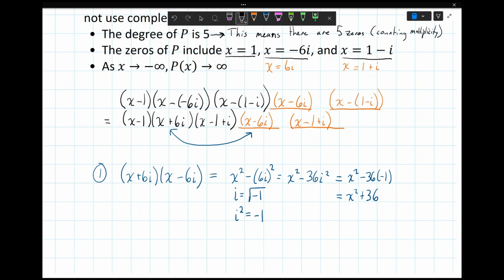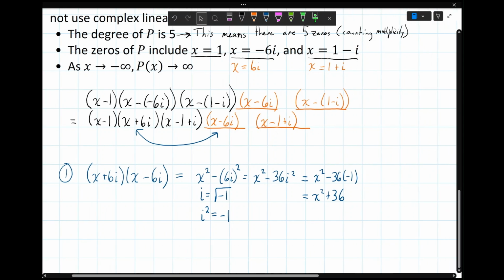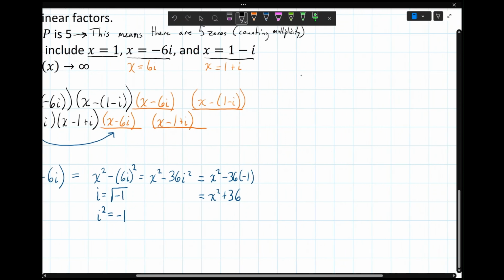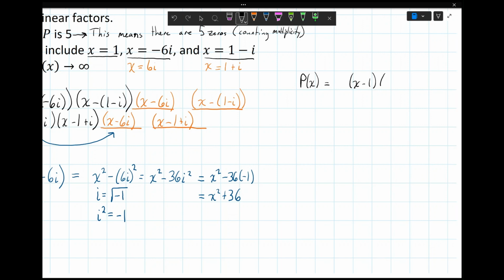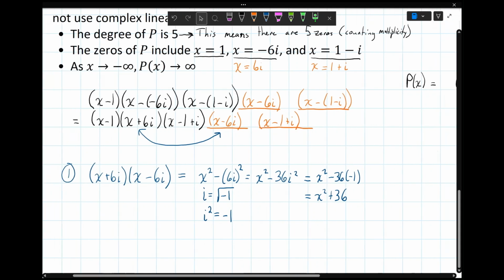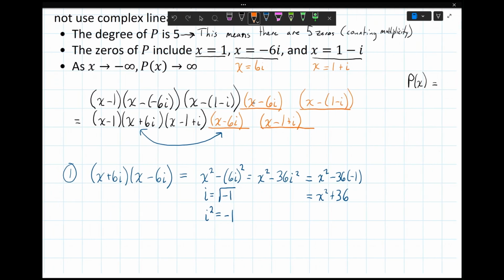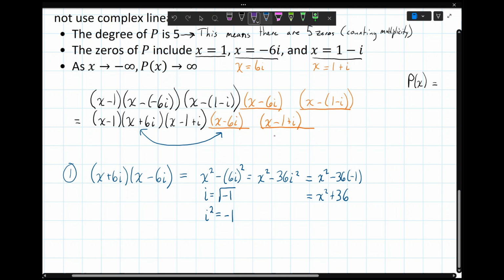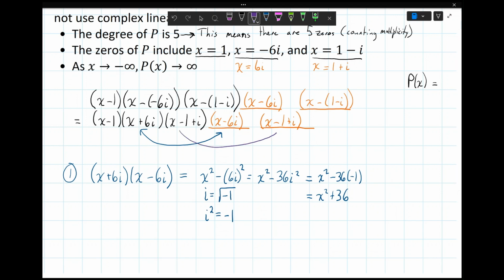So now if I'm building my final answer, this means that my final answer is going to have an x minus 1 and an x squared plus 36. So now we need to do something similar for the x minus 1 plus i. Oops, I apologize. I realize I made a little error here.